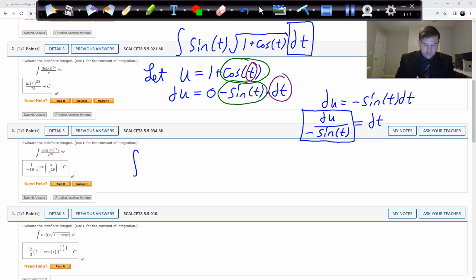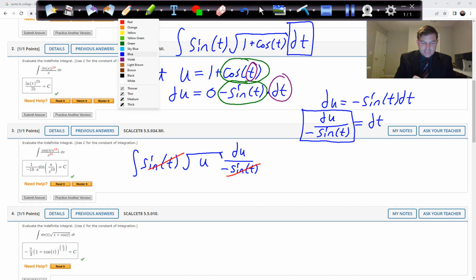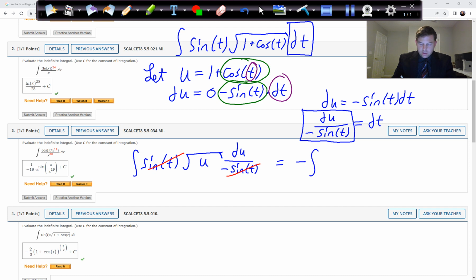So let's see how it's going to look. We're going to get sine t is still there. This is now the square root of u, and dt has become du over minus sine of t. And like I said, sine t on top, sine t on bottom will cancel. No more t's. There is a minus sign though, so that minus will come outside of the integral, and it's just the square root of u du.